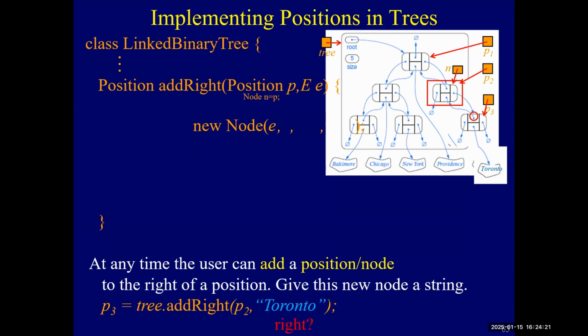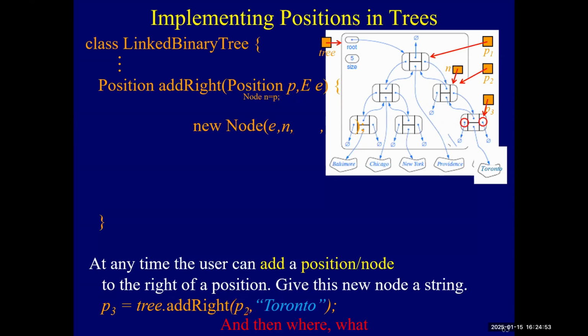N is. N knows where that guy is. But where did N come from? N came from P2. So there's P2, we're passing in P2. That's where this value comes from. There are an awful lot of places where people are referring to that. Did everybody kind of follow that?